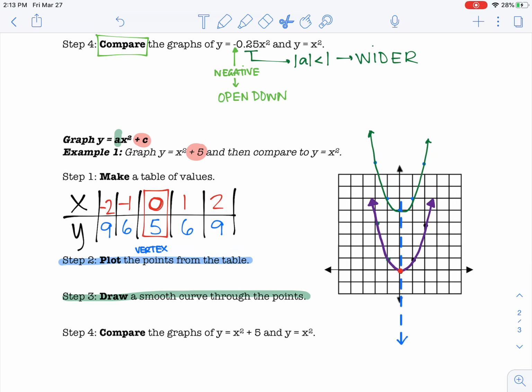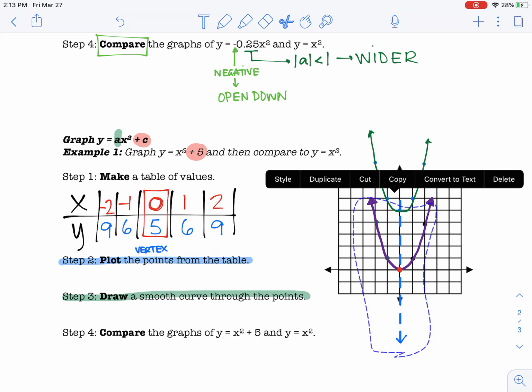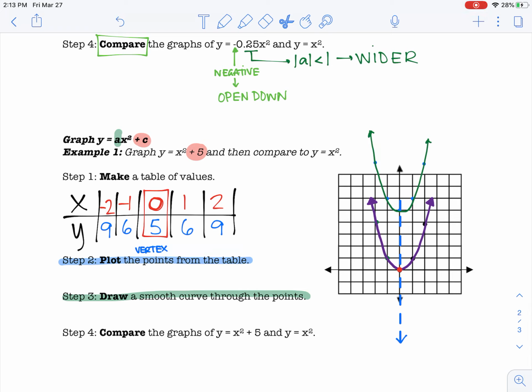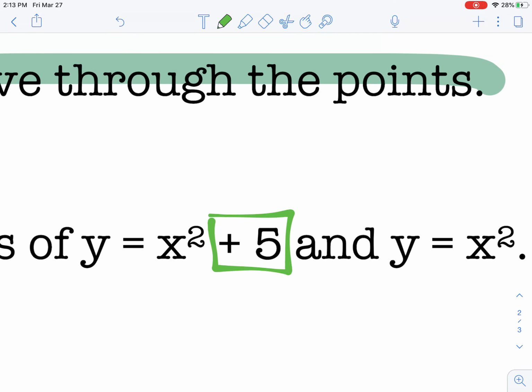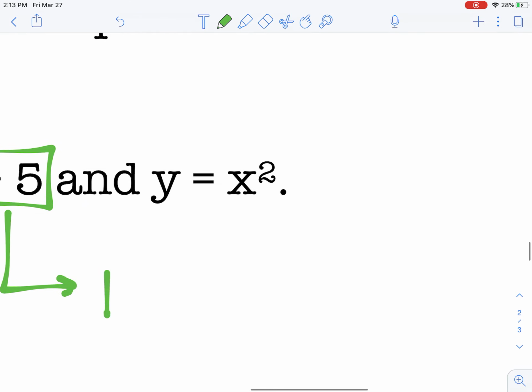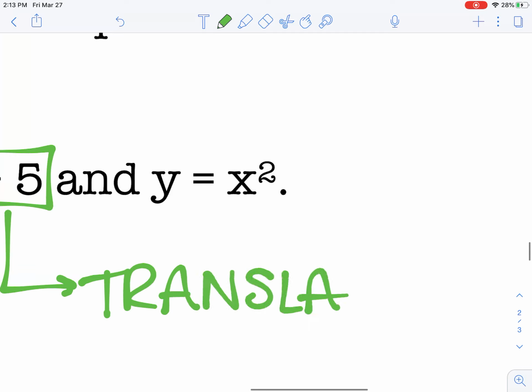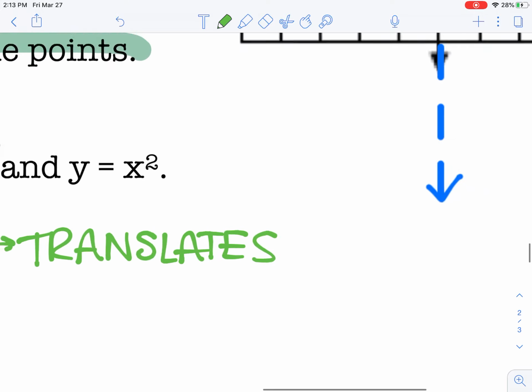So we have not created something that gets wider or narrower because we didn't change the leading coefficient at all. It stayed as a 1. However, what we did change, which is the third and final way we're going to compare, is we added a C on that wasn't just a 0, which is why the other ones didn't have a number. So when we make this comparison, we're going to recognize that this plus 5, you could just say it moves, but the mathematical term is it translates, or it shifts, but translates is a math term.